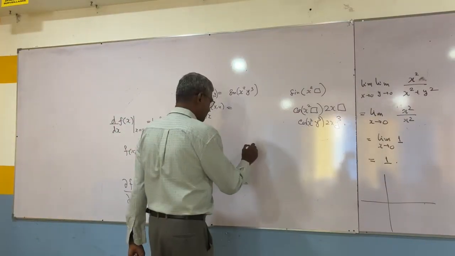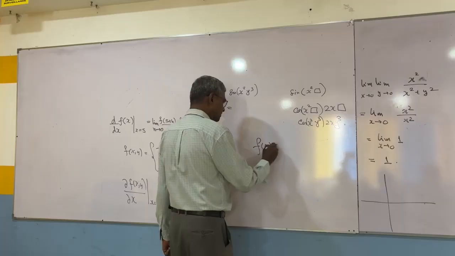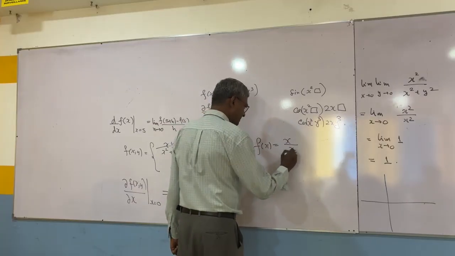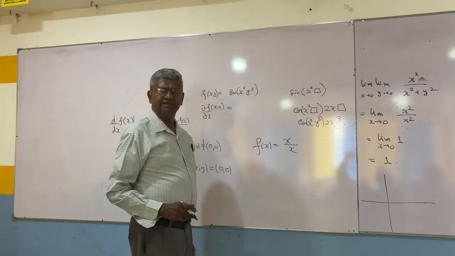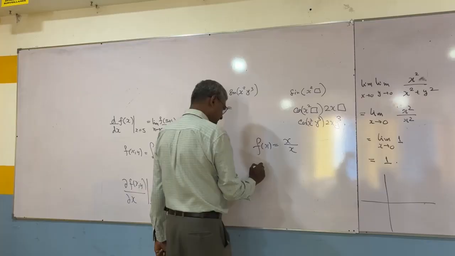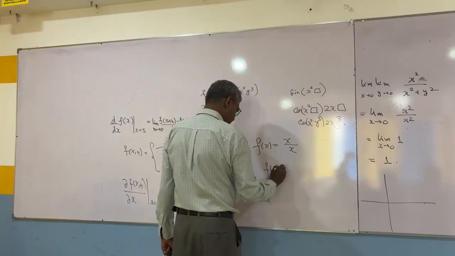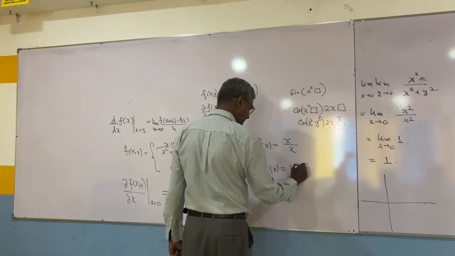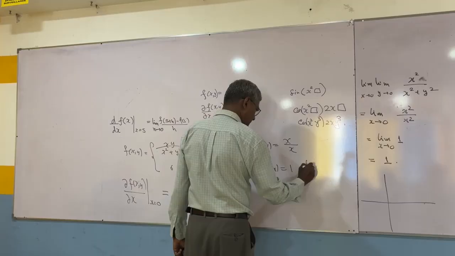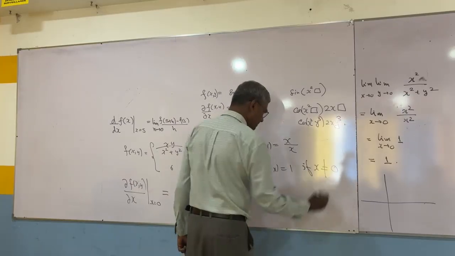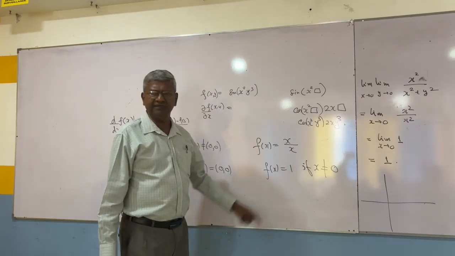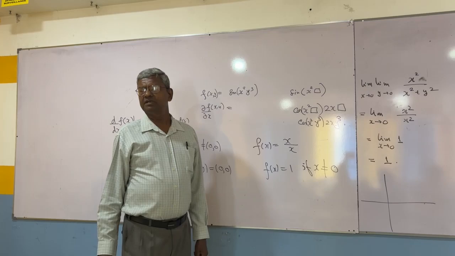You don't have to go that far. Say suppose you have f(x) equals x over x. This is f(x) equals 1 if x is not equal to 0. This is not defined at x equals 0.